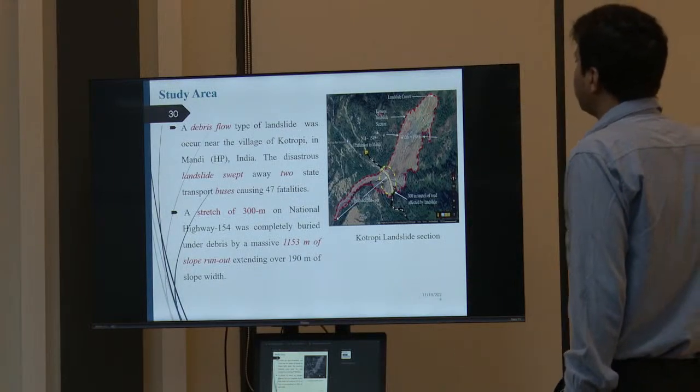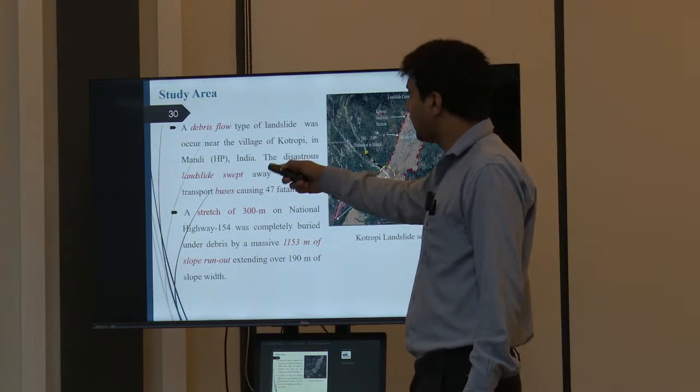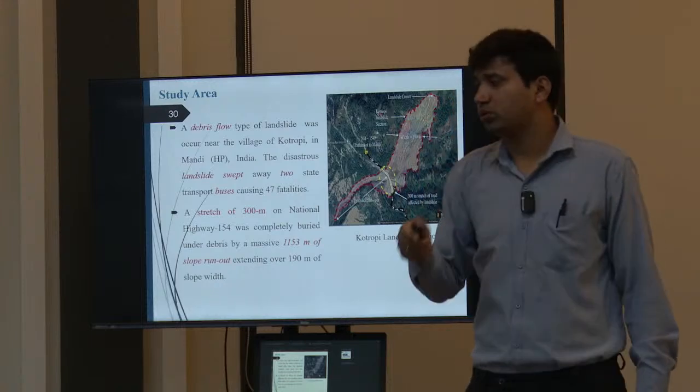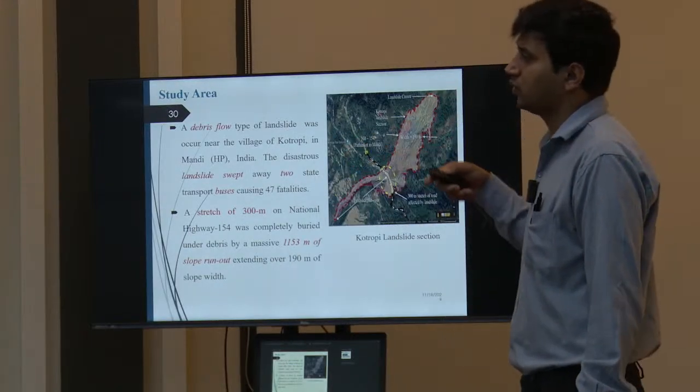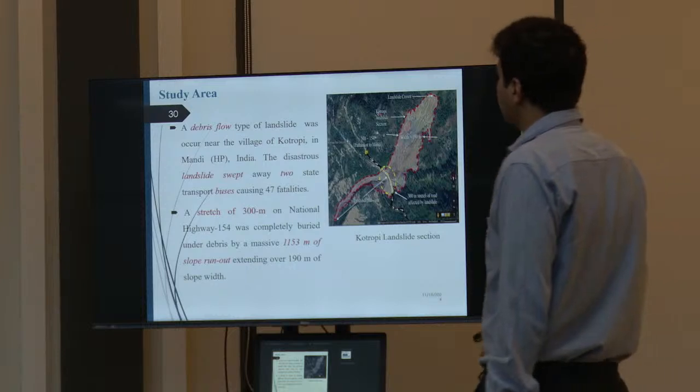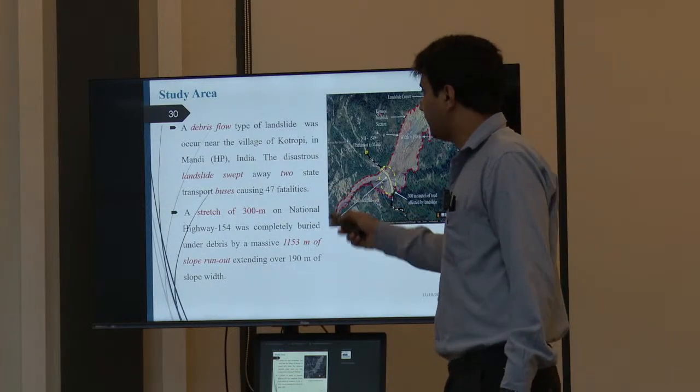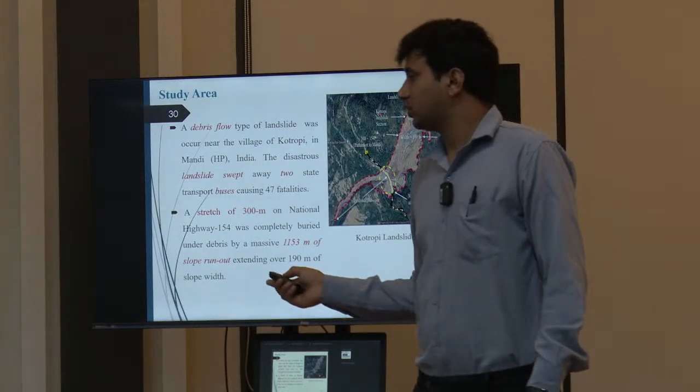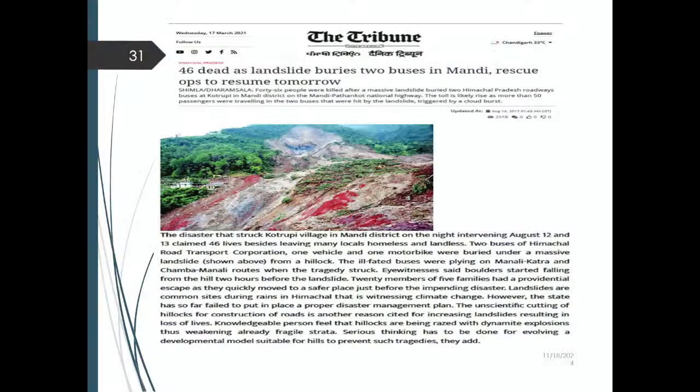This landslide swept away two government buses, or you can say transport buses, causing 47 fatalities. The stretch was 300 meters. If you see the news report at that time, it was a massive landslide in this area.